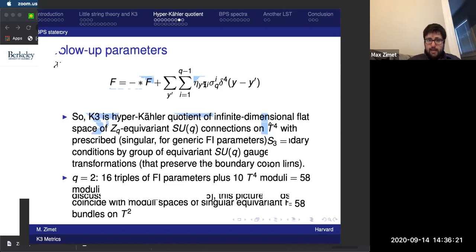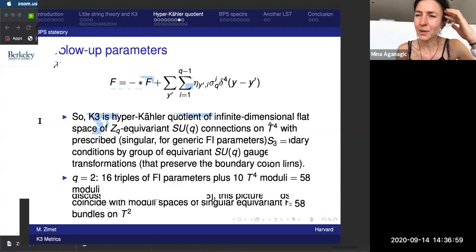Then if you count how many fixed points there are and what dimension the Cartan is, you find that you get 58 moduli in this construction, and that's exactly the dimension of the moduli space of K3 surfaces. So we expect that by changing these parameters, as well as the moduli of the torus that you're orbifolding, you can cover the entire moduli space of K3 surfaces.